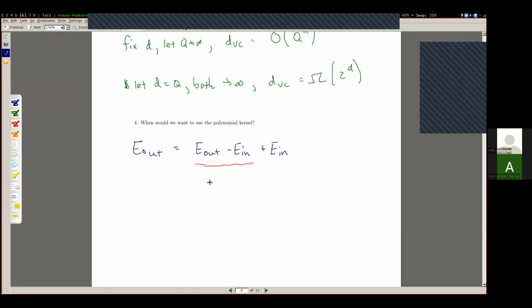This is our generalization error. The VC dimension controls this. This is our training error. This is the thing that we can actually measure, that we actually know.